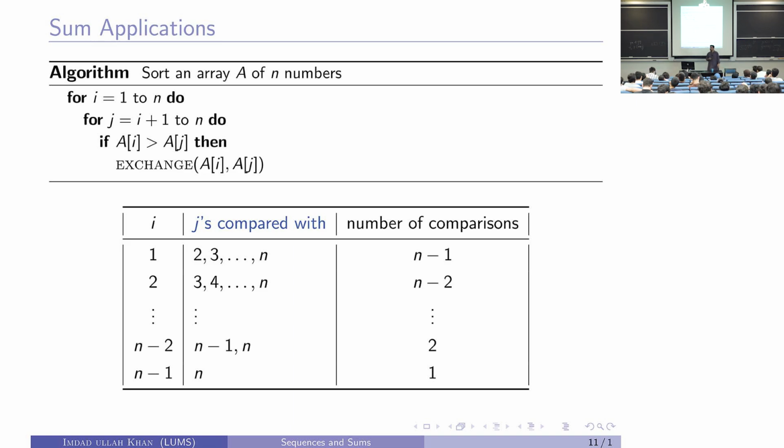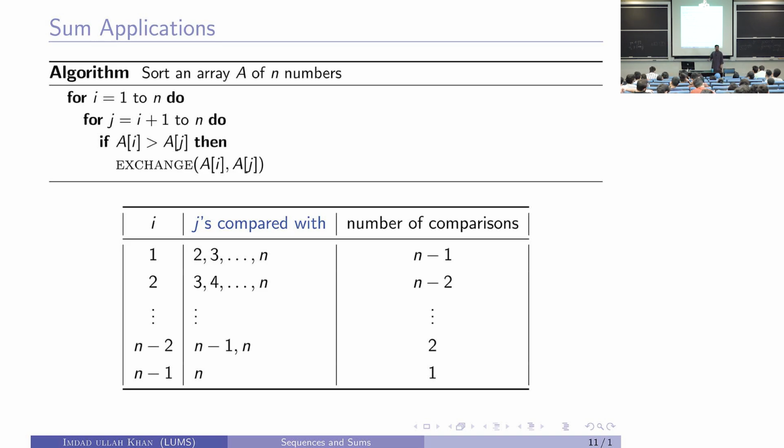It's not blue. Okay. A1, how many AJ's A1 is compared with? When I is 1, A1 is compared with, for each J, where J goes from I plus 1 to N, right? So who is A1 compared with? It's compared with A2, A3, A4, A5, and so on, right?